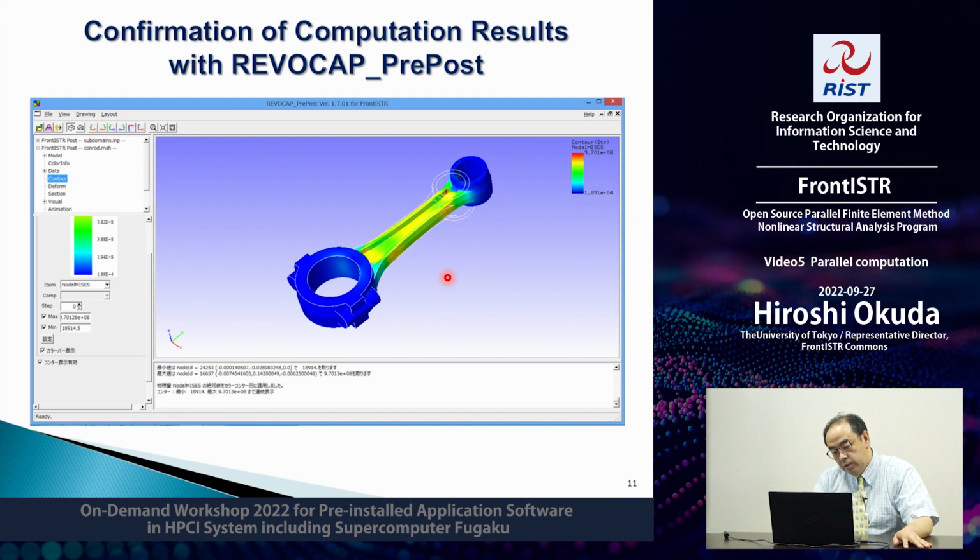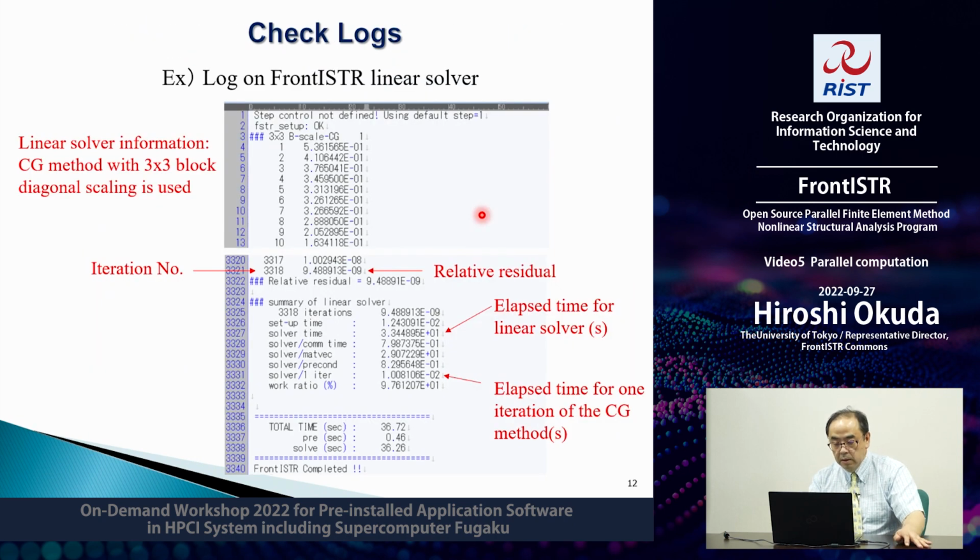This is the Mises stress distribution on the surface, and at the same time you can see the stretch of the shape, and at the sudden change of the shape, you can see the stress concentration shown in red colors. Okay, this is the last slide.